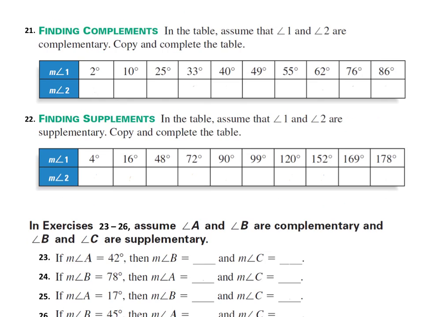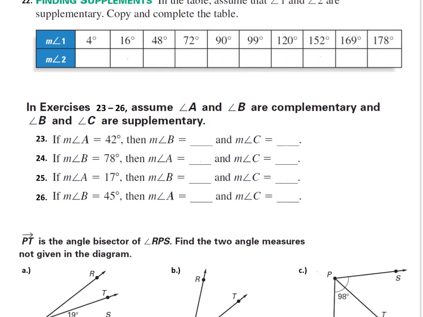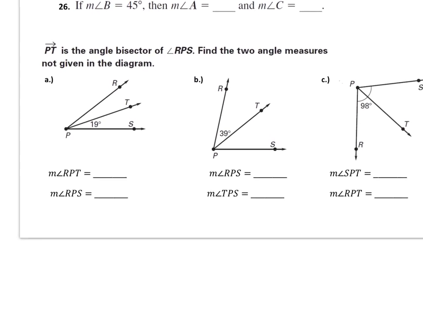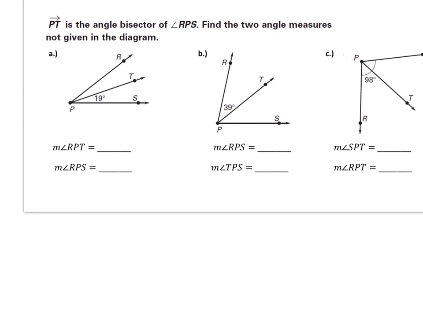Let's do one more example. Go down to the angle bisecting problems. Let's do problem A. This problem says PT, which is this middle ray, is the angle bisector of angle RPS. Find the two angle measures not given in the diagram. So it tells us that TPS is 19 degrees.